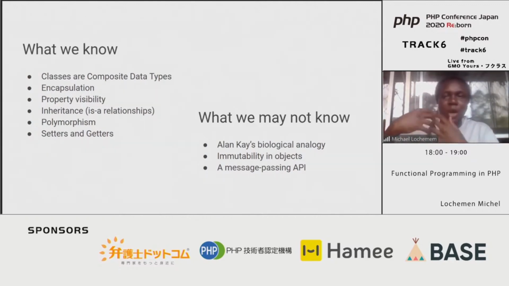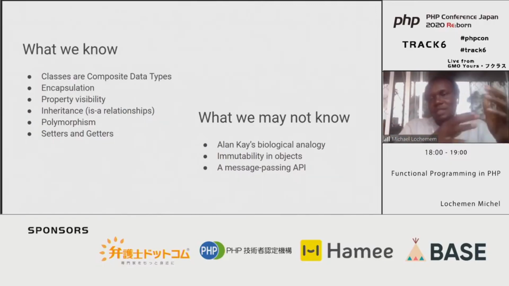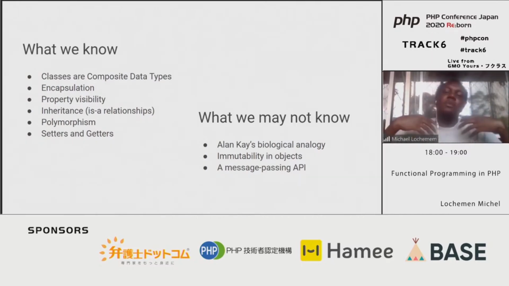So what this should condition you to think is, like I said, you don't forget everything you know about programming, because all of this on the left is still absolutely valid. It's just that now you should start to think of your classes as more than just composite data types. I have a bunch of attributes, I have a bunch of methods, I'm cool.